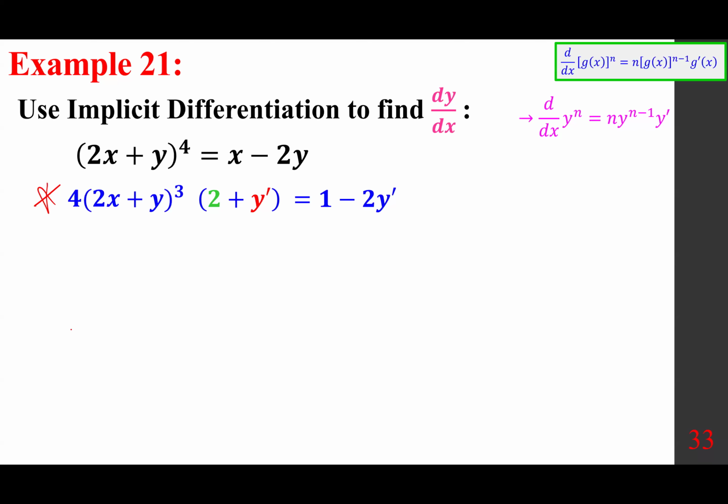So we are going to multiply this by 2. It becomes 8 times 2x plus y cubed. And then multiply this by y prime. So we write this one, we write this one, and we write y prime. Why am I doing it this way? Because I want to solve for y prime, and I want to isolate that.